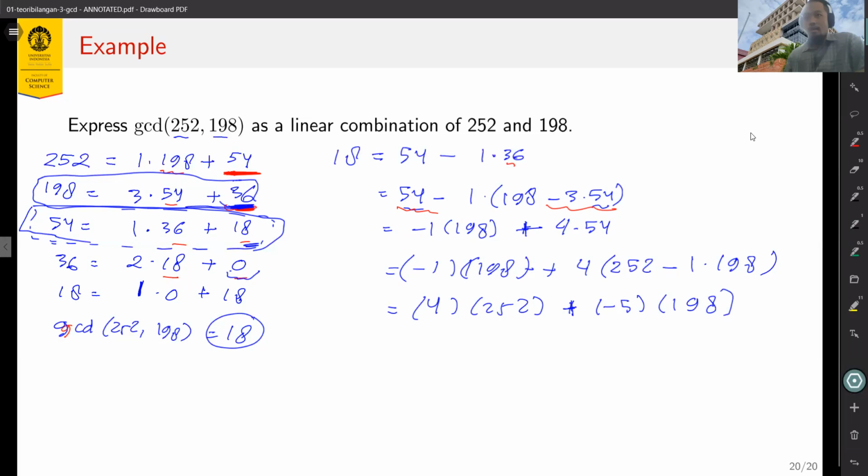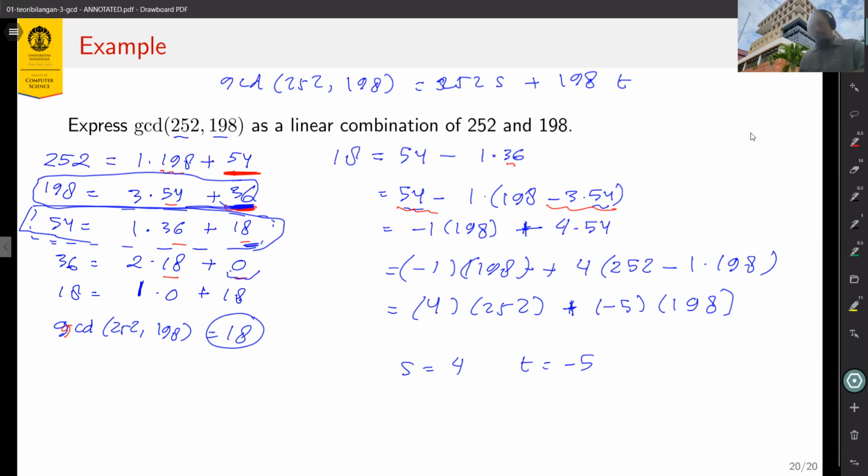So if we say that the GCD of 252 and 198 is S times 252 plus T times 198, then S is 4 and T is minus 5. Right? Okay. Any question?